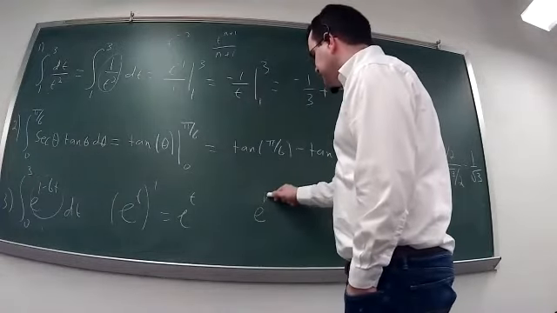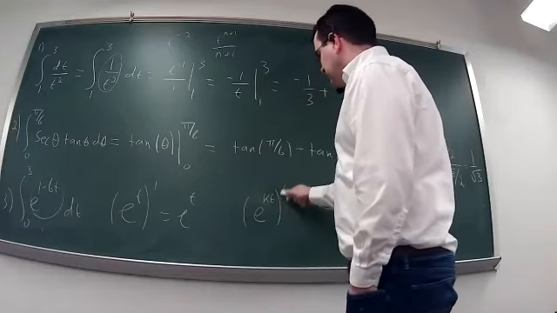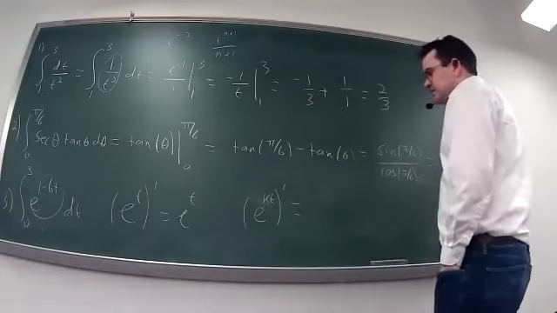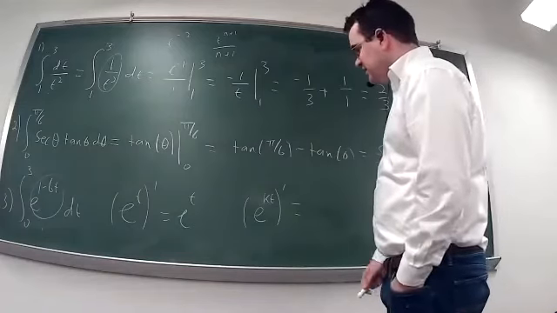Remember the chain rule? Remember when we took the derivative of e to the constant times t?